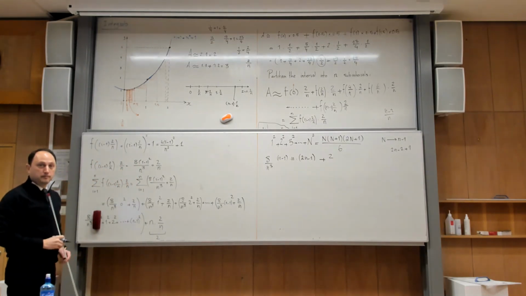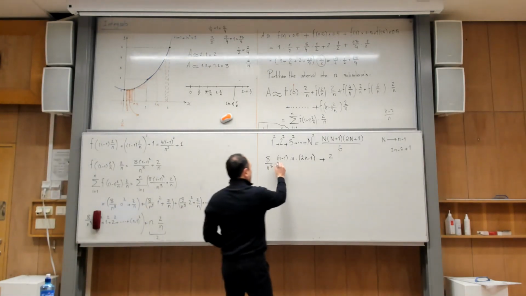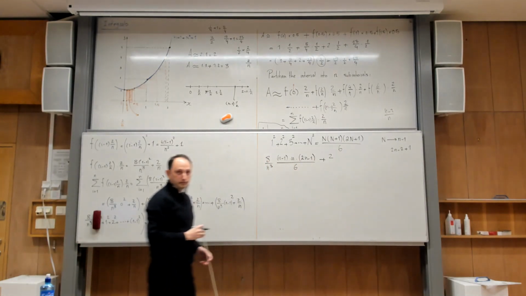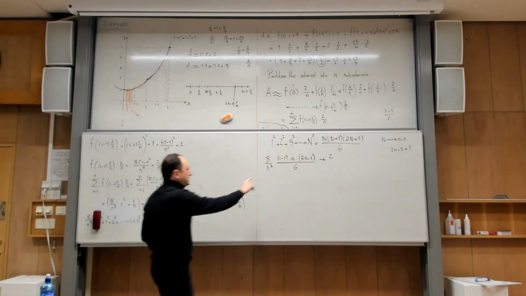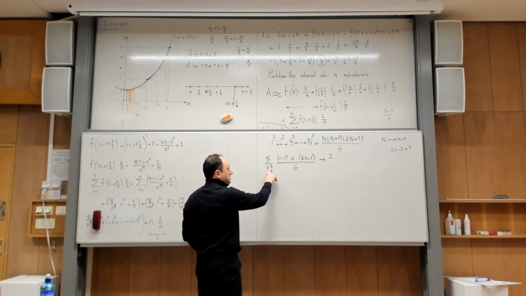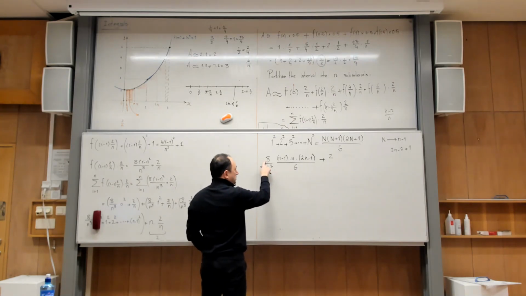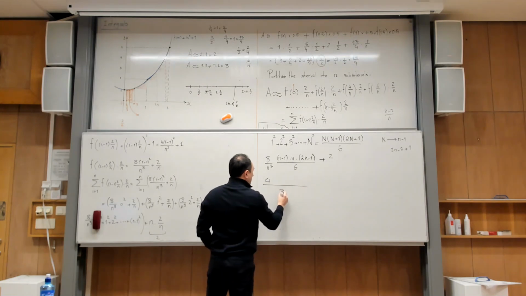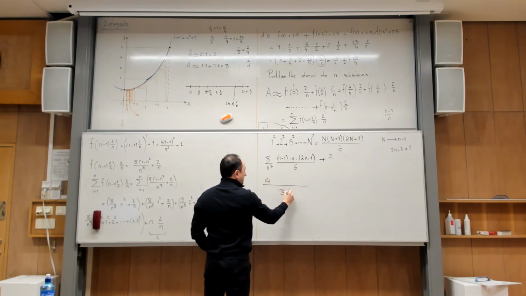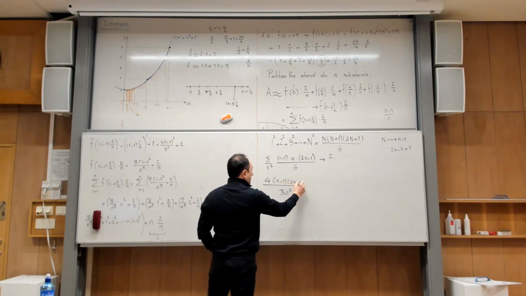Should it be divided by 6? Yeah, divided by 6, thank you. Okay, and then you see that this n and one of these n's are simplified, and this 8 and 6 can be simplified. So 4 over 3 n squared times (n minus 1) times (2n minus 1), plus 2.